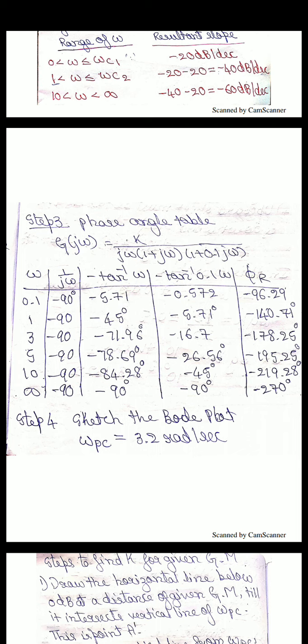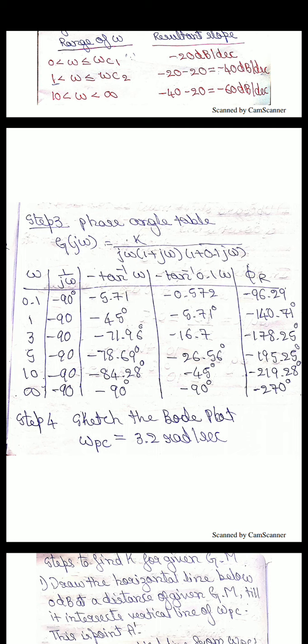Instead of starting with 0, we have started with 0.1. Now, how to write the omega values in this phase angle table. We can write 0.1, 1, then directly go for 5, 10, infinity, depending upon how we take. If we take more points, 1, 3, 5, 7, 10, like this also we can take.